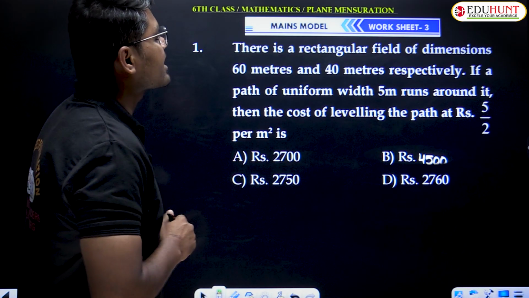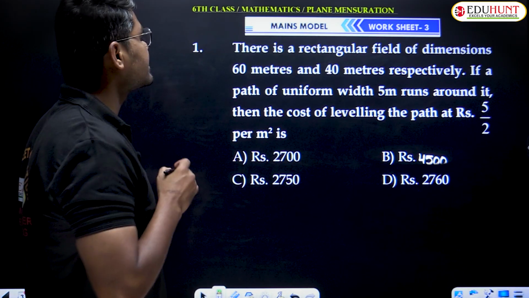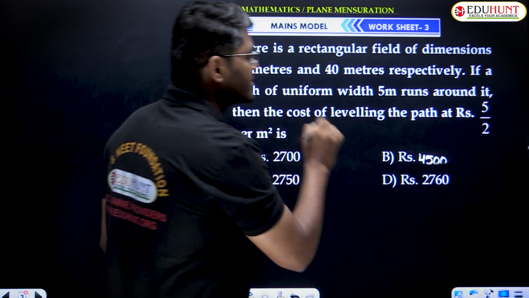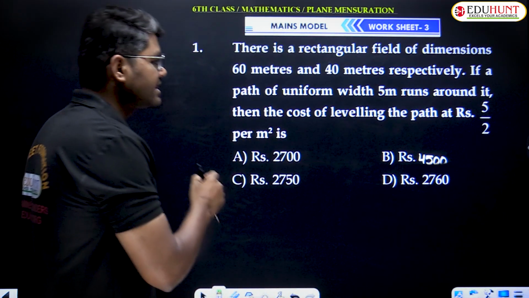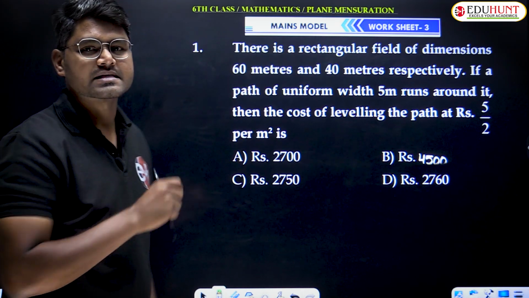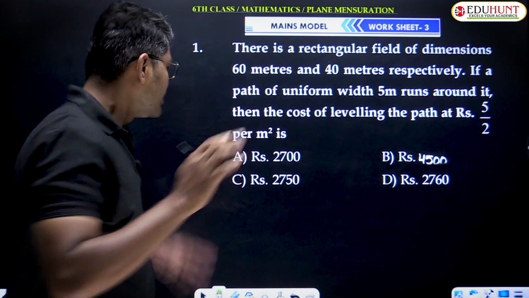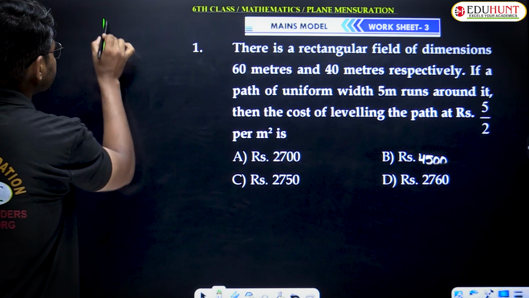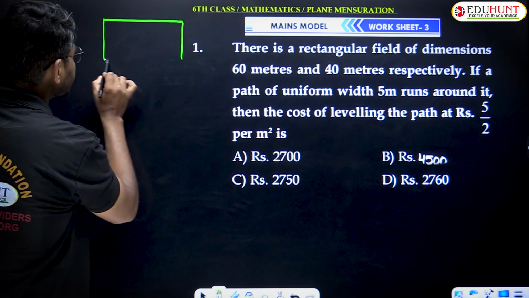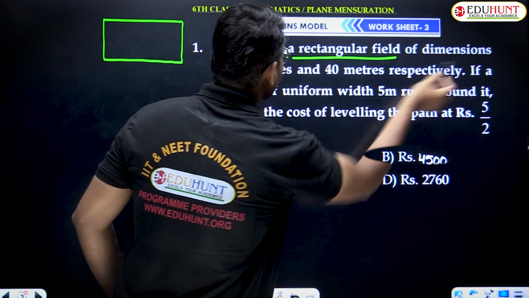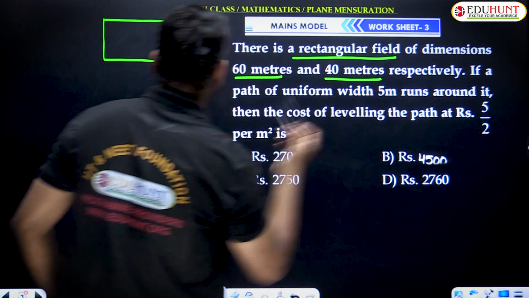If there is a rectangular field of dimensions 60 meters and 40 meters respectively, and a path of uniform width 5 meters runs around it, then the cost of leveling the path at 5 by 2 rupees per meter square is. Okay. First, what we have to do? We have to draw a rectangle. This is a rectangle. There is a rectangular field of dimensions 60 meters and 40 meters.